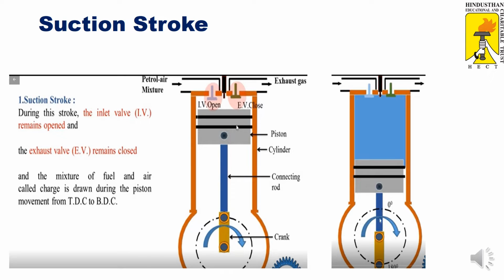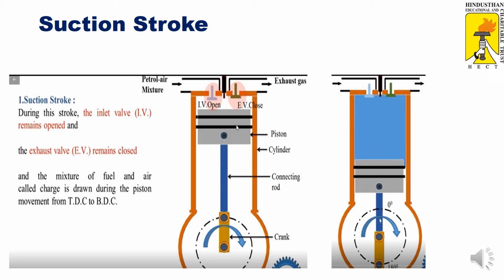The first stroke is the suction stroke. During this stroke, the inlet valve remains open, but the exhaust valve is in the closed position. The piston moves from top dead center to bottom dead center.